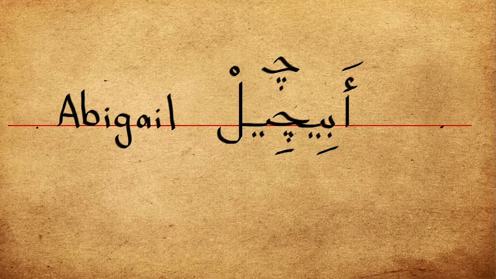So this is Abigail, or it could be written without the two dots in the letter Jim, and it is pronounced Abigail. But actually, it's okay to write the three dots beneath the Jim and read it as Abigail. The next one is Emily.